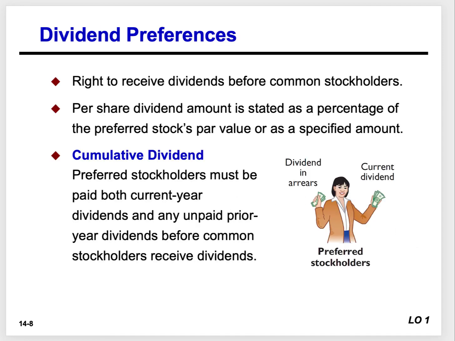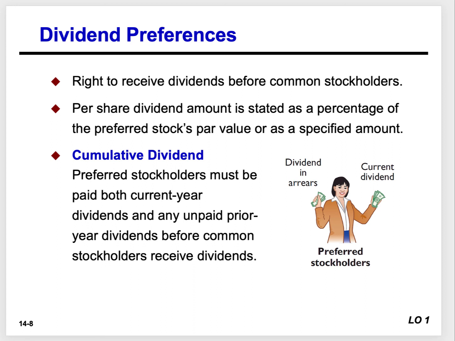Now we need to talk about dividend preferences, right? Who gets paid first? It's a logical question to ask. So what is dividend preference? Basically it's who receives the dividend. A dividend preference establishes a right to receive dividends before common shareholders, okay? So we're talking about the preferred shareholders.